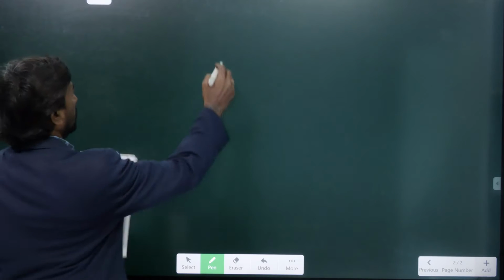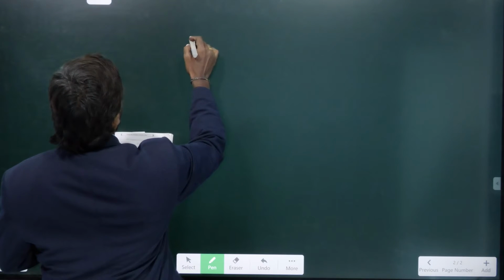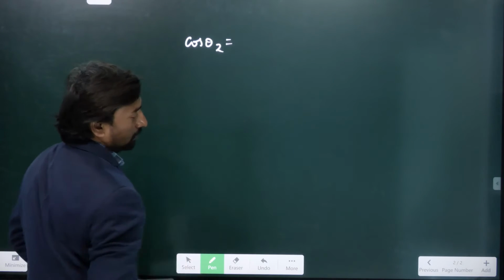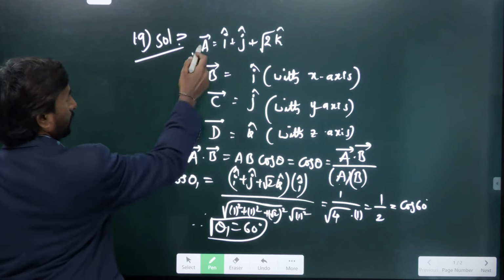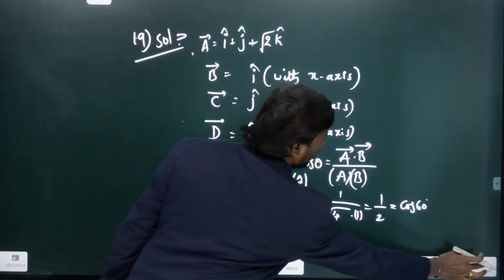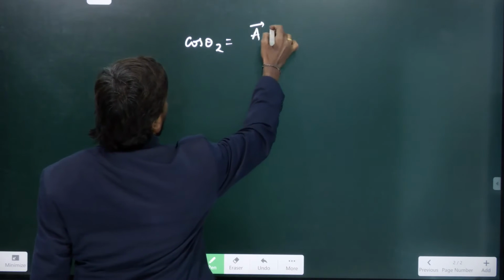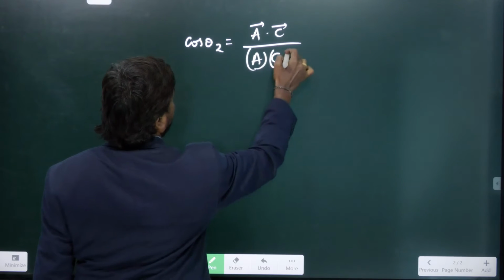See here, a bar vector is given. Now cos theta 2, the angle between a bar and c bar. So we get a bar dot c bar divided by a into c.